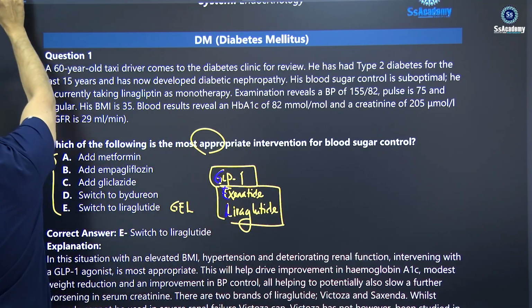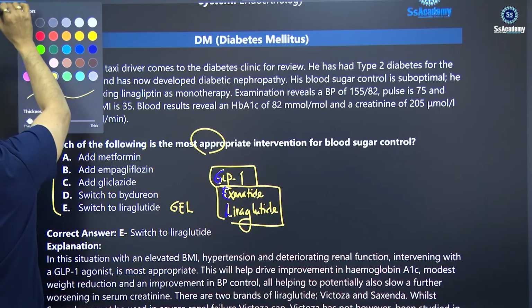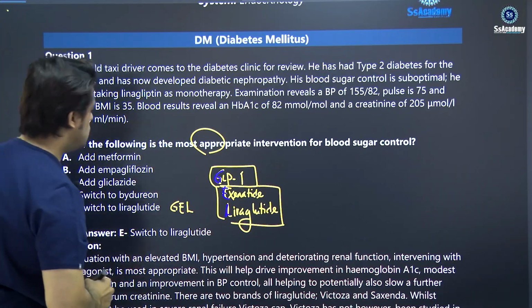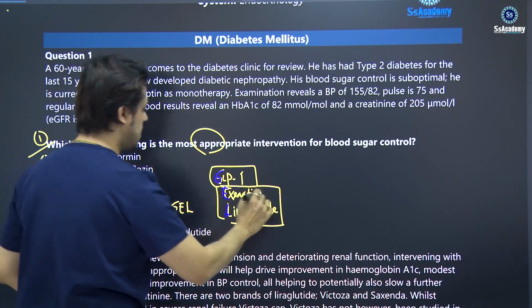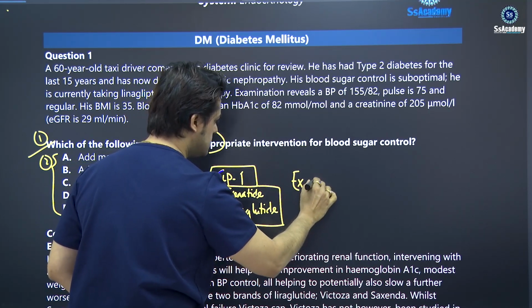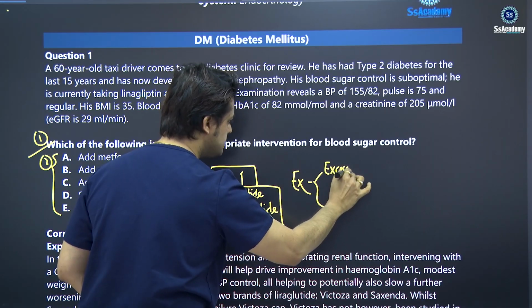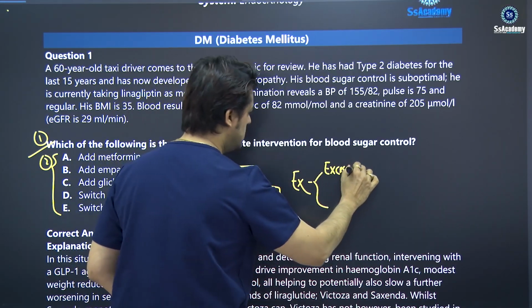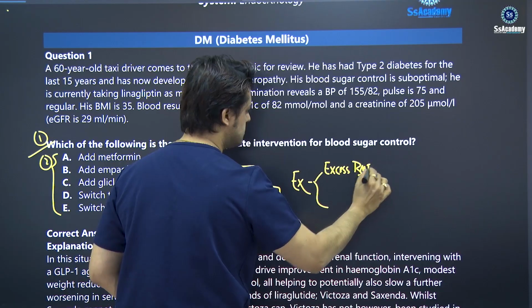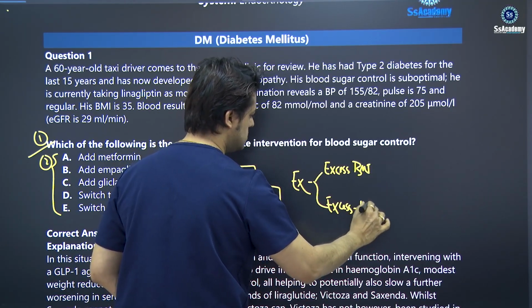So this knowledge you already know, right? So this is gel. So gel, the exenatide and liraglutide at the end of the box, the indications for the excess BMI, and E for excess insulin.